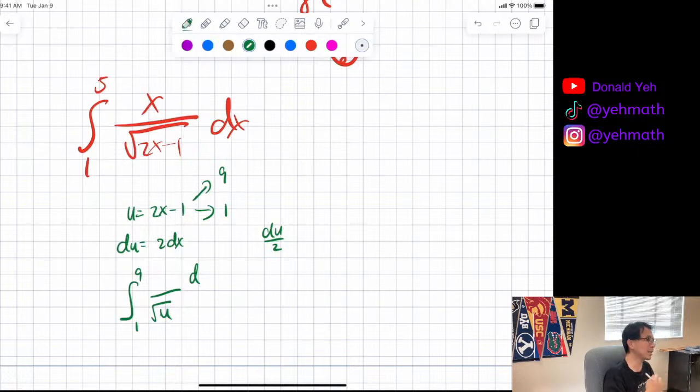Now for AB kids, they always get confused. Do I do a U and the X, because they try to do both? But I always tell students just change everything to U, because that's how the AP exam writes a question. Especially they can write a multiple choice question that you have to convert the boundaries. You can convert back to X, right? It still will work, but it's not the best way.